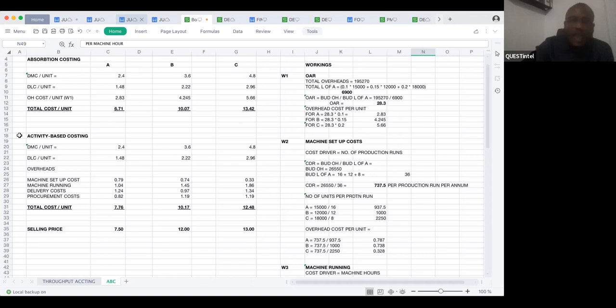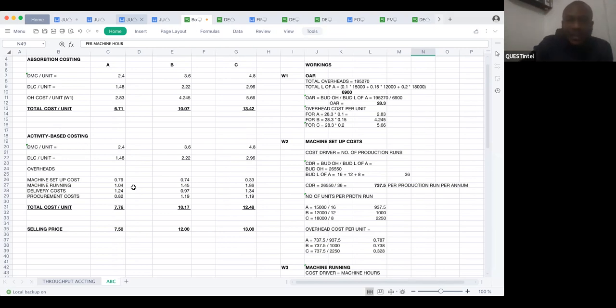But when they use the accurate ABC to do the computation, you find out that the cost price is actually 12.48, which is lower than the 13. And so if they can focus on making more of product C, it is actually profitable. Product A, however, is not profitable when they use the accurate means of absorbing their overheads.